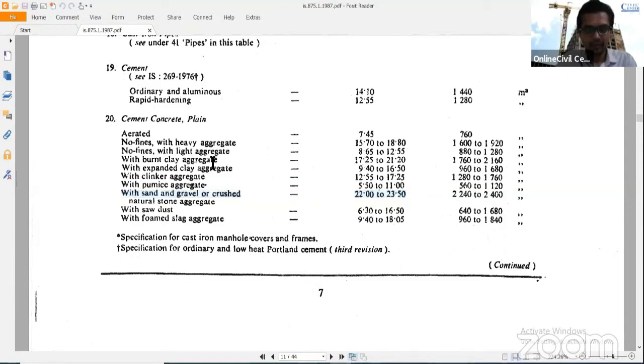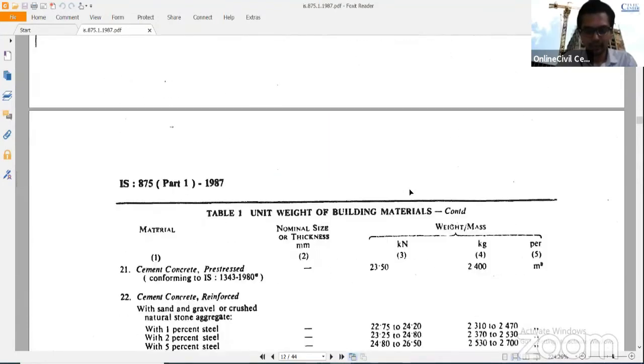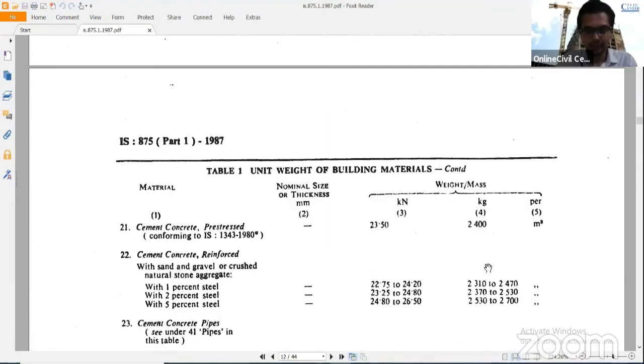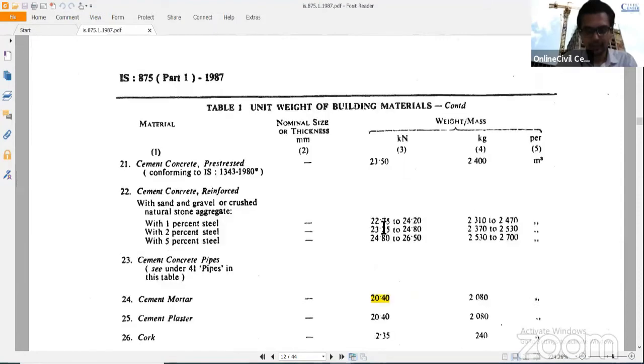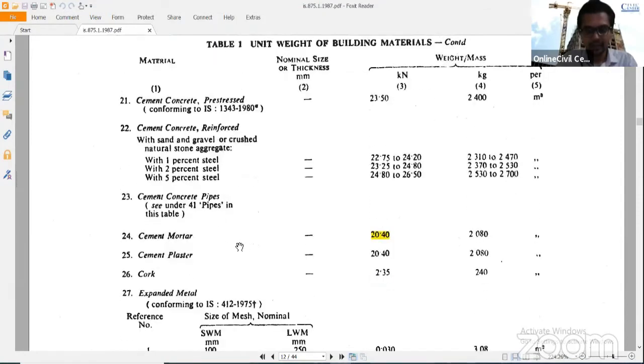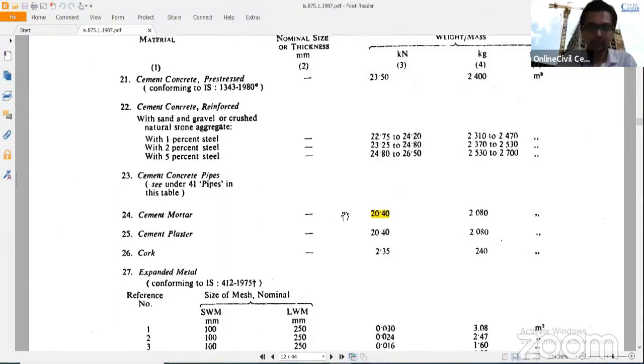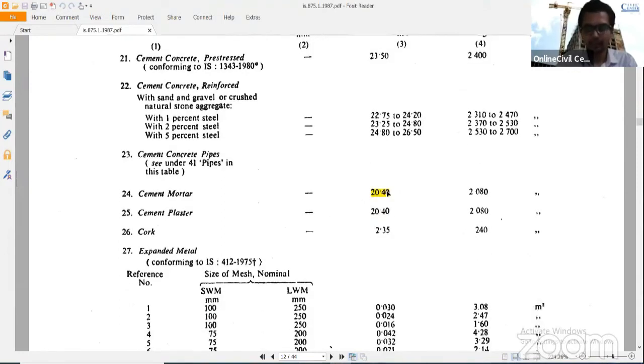With burnt clay aggregate, if you use brick aggregate, then it will be this. And if you use sand and natural gravel stone aggregate, then the unit weight will be in the range of 22 to 23.5 kilonewton per meter cube. This is for the pre-stressed concrete. And now here the unit weight of cement mortar is given, which is 20.4. So we can take 20.4 or 20, for example.